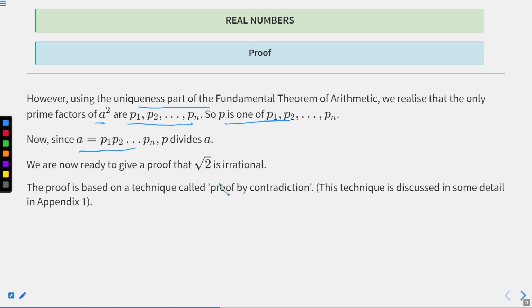Now we are ready to give a proof that root 2 is an irrational number. The proof is based on a technique called proof by contradiction.